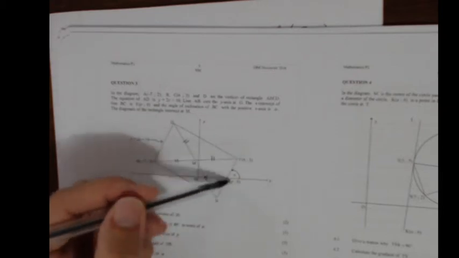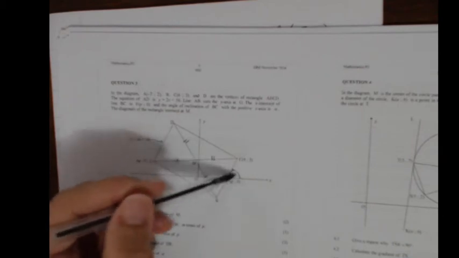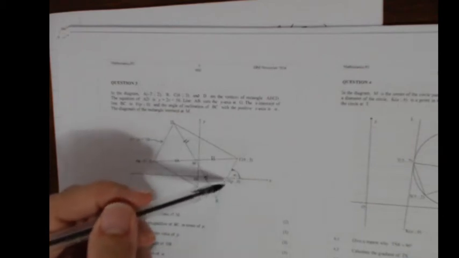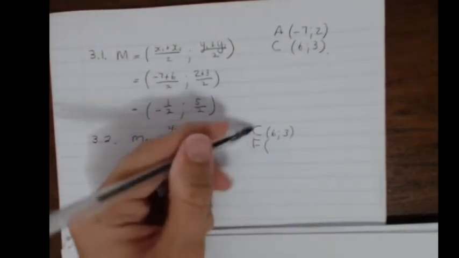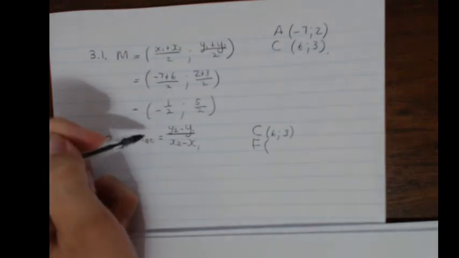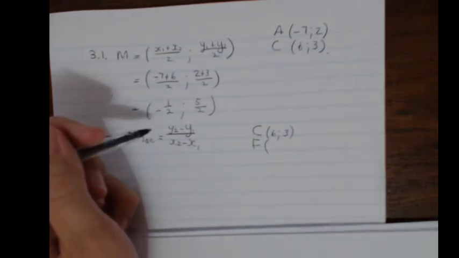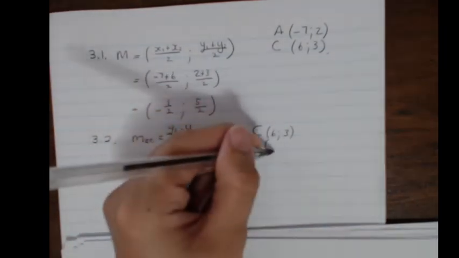Even though they say the gradient of BC, these are 2 points that lie on the line. You can use any 2 points on the line to calculate the gradient. So I can also use the point F. The gradient of FC and the gradient of BC will be the same, since they are collinear, it's a straight line.